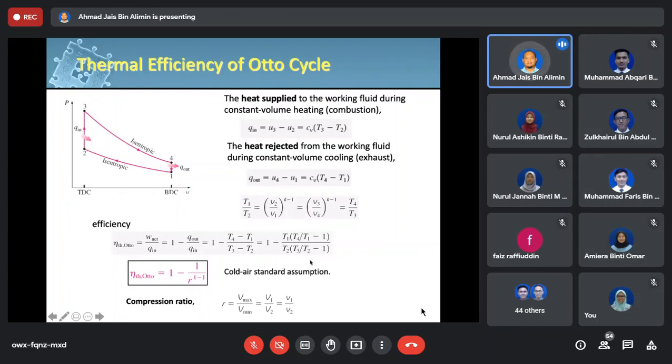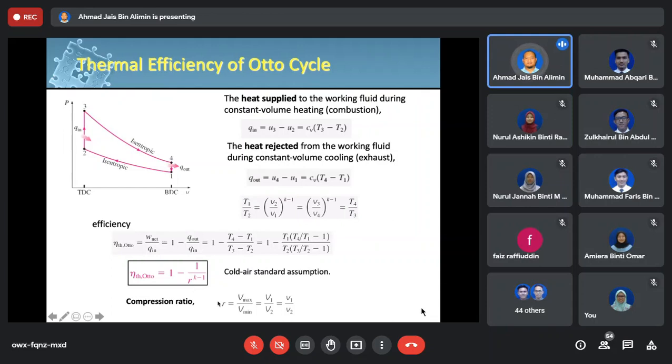Okay, and then if you replace the temperature terms with this equation here, in relation to the ratio of volume, you can rearrange in terms of K, and you end up with this expression, where the Otto efficiency is equal to 1 minus 1 divided by R to the power K minus 1, using the cold air standard assumptions.